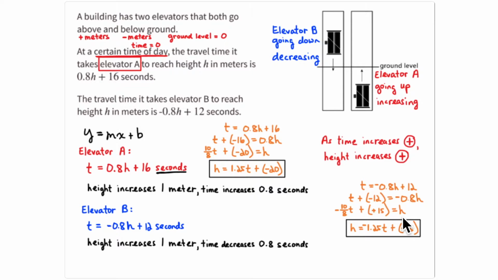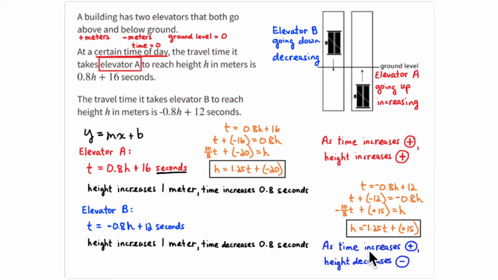So this whole expression is getting more negative as time increases. So as time increases, the height decreases. As time increases, this elevator is going down. As time increases, the other elevator is going up. This is tough stuff. It's hard to explain.